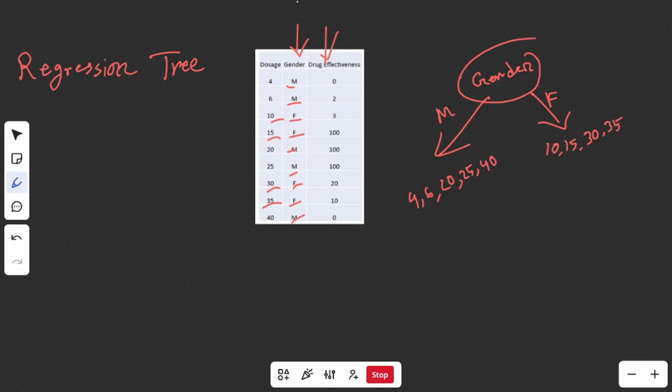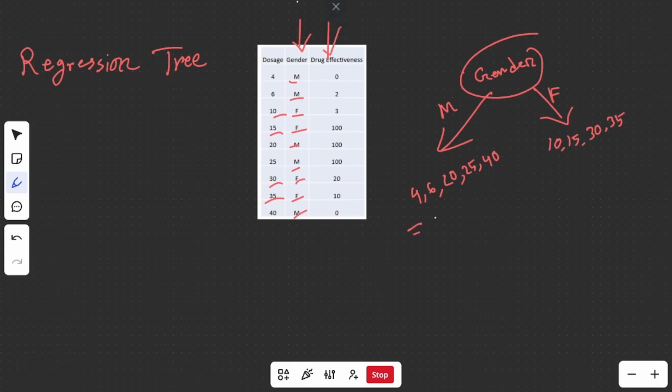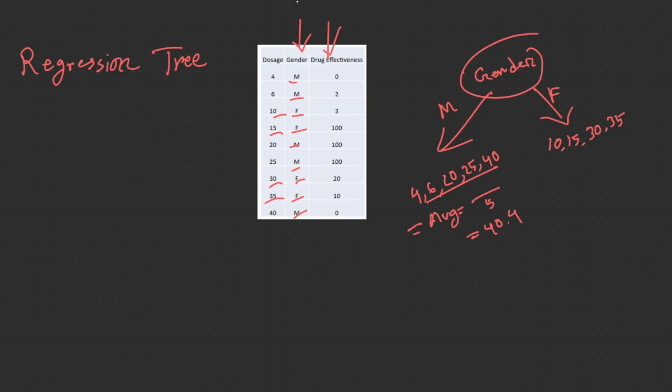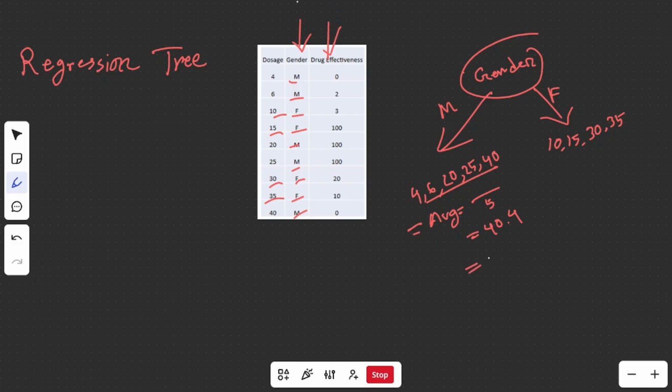So we have to count the average of this. 5 and summation of this will be 44.4. Now this is called the predicted drug effectiveness.